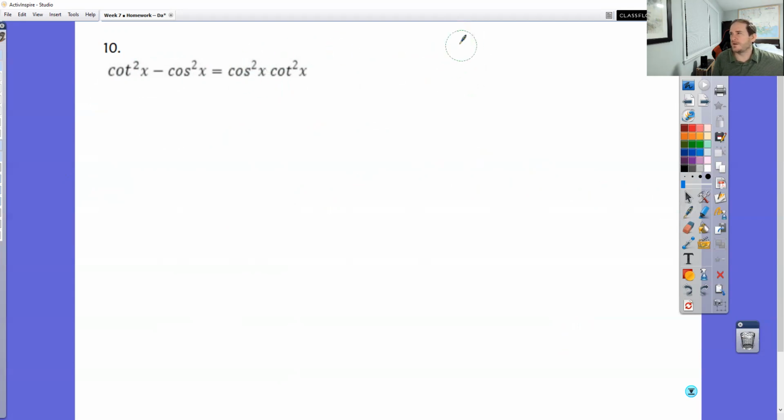One for cosine that says that cosine squared is 1 minus sine squared. We've also got one that says that cotan squared is cosecant squared minus 1.